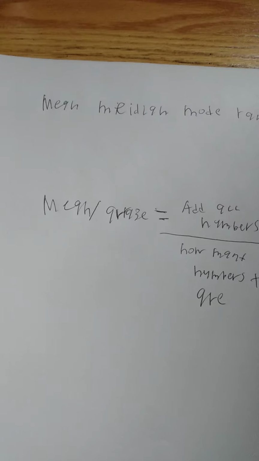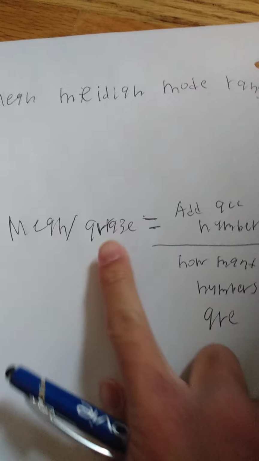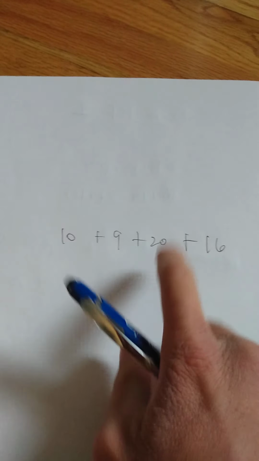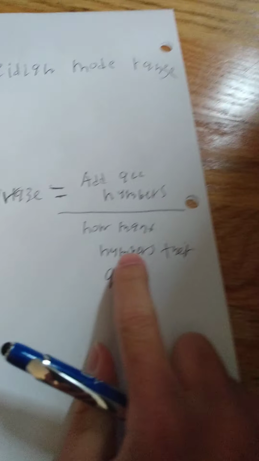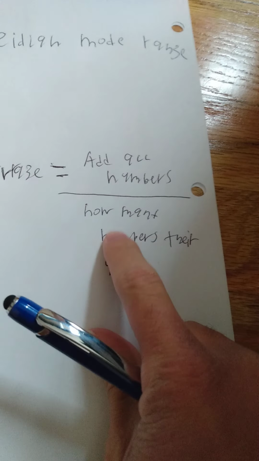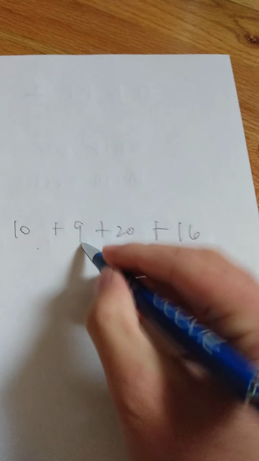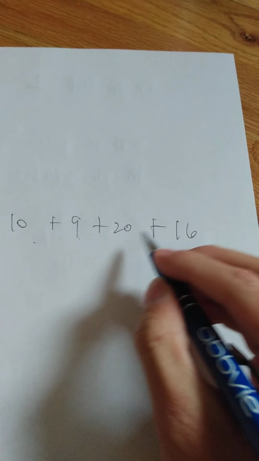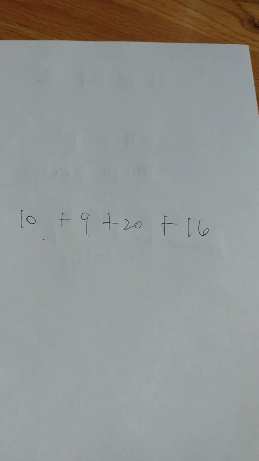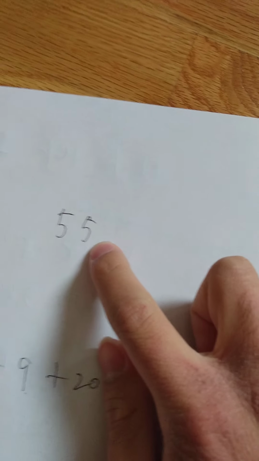For example, I have a bunch of numbers on here. The idea to find the average of these numbers is to add up all the numbers and divide by how many numbers there are. So basically, we're going to do 10 plus 9 plus 20 plus 16, and that will bring us to an answer of 55.